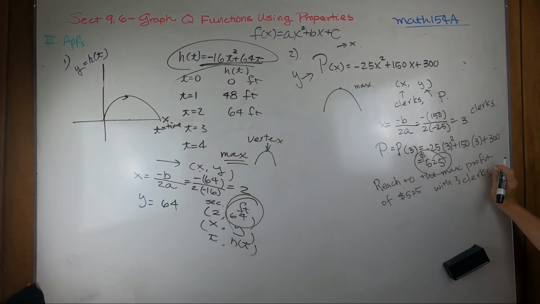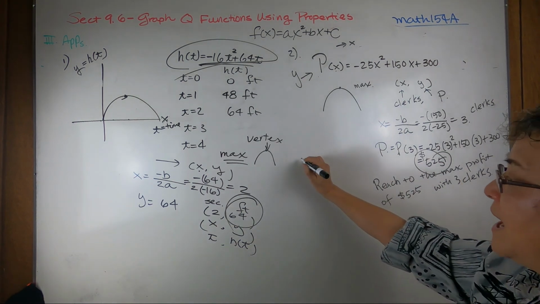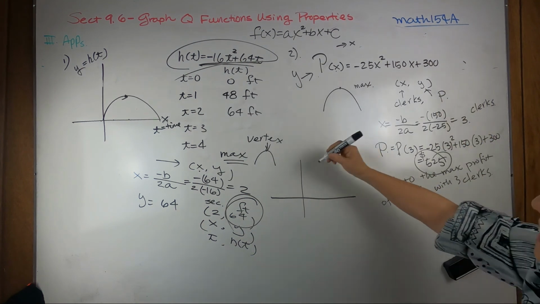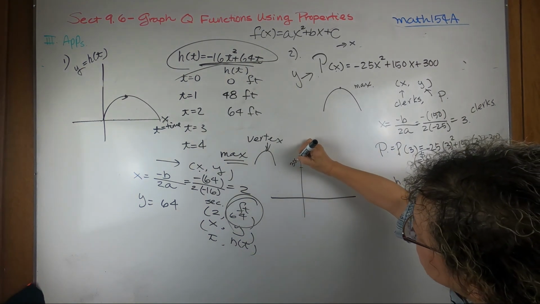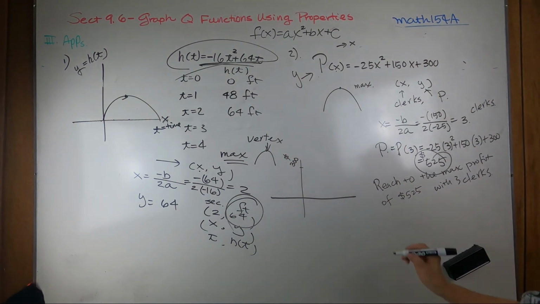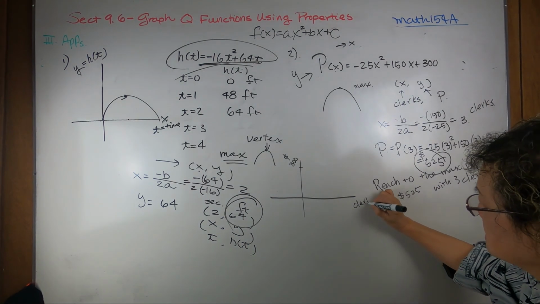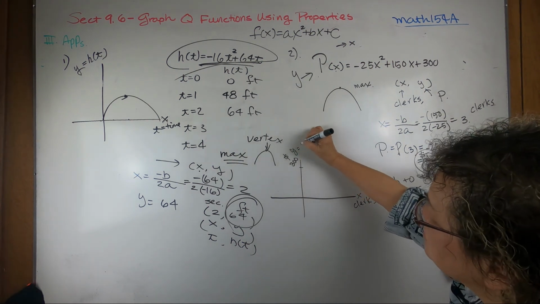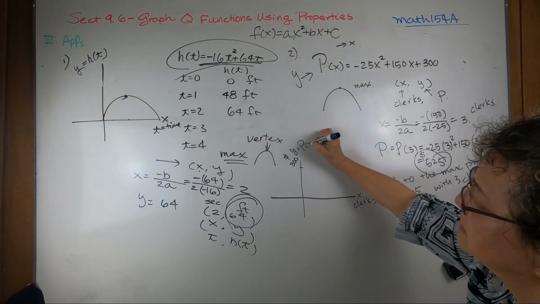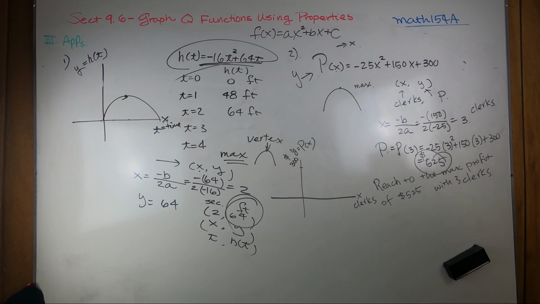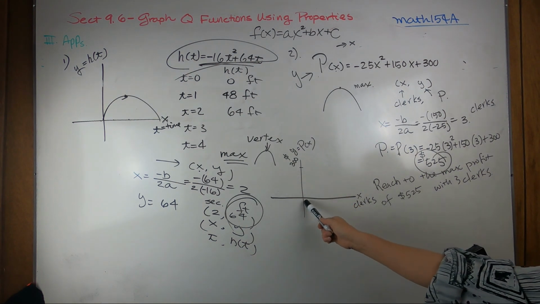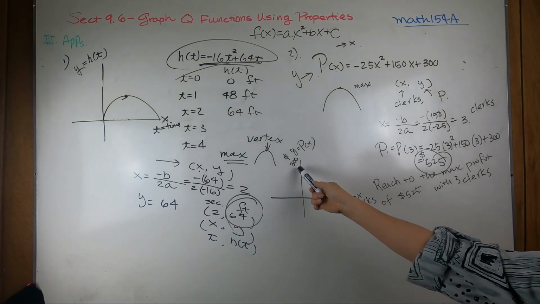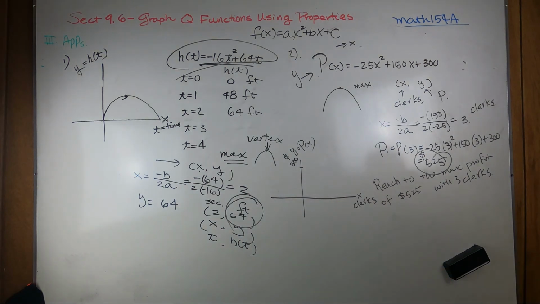So if you look at the graph, it will give you a better idea. When x is 0, that means what? $300, right? Here is how many clerks you might have. That's your x. Then y is your profit, right? If you use 0 clerks, that means you work yourself and you can make a $300 profit.